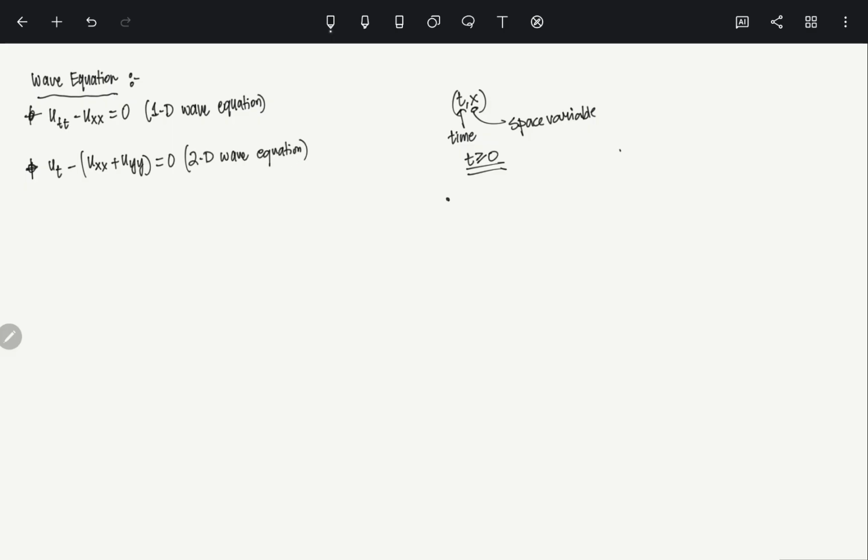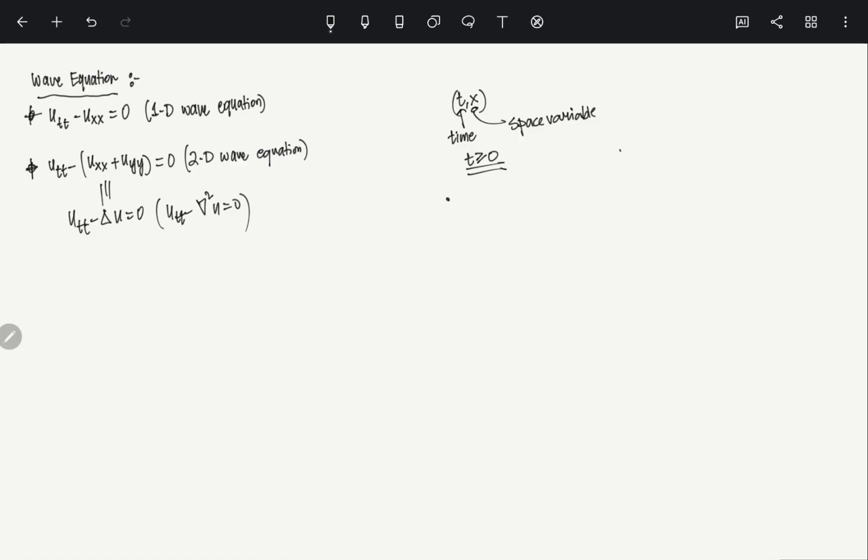What we do is we write this as equivalent to utt minus Laplacian of u equals 0, or we also write it as utt minus grad square u equals 0. These are all the same, it's just a notation thing.